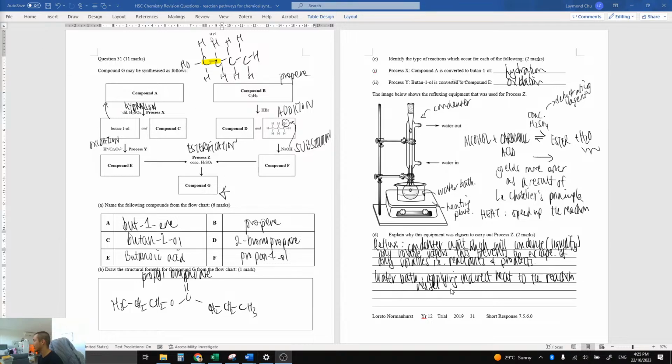It prevents the fire hazard of any flammable gases.